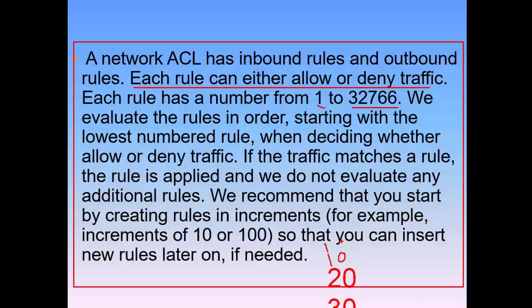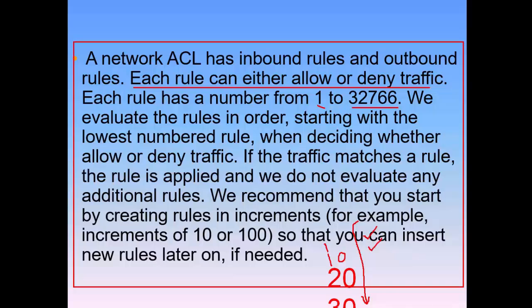So whenever the NACL starts working, it starts with the lowest number and goes to the higher numbers. First it checks rule number 1, whether it is allowed or denied.